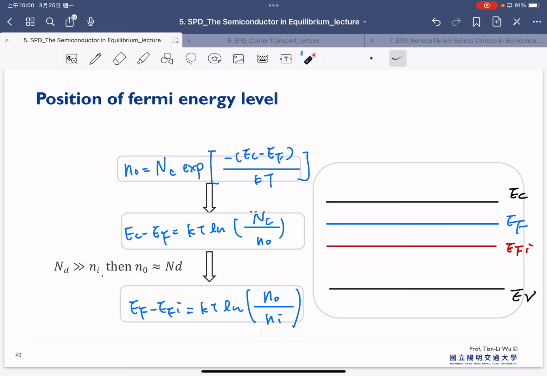And similar things can also be found for the case of p0, and also for the Fermi energy with respect to the valence band.